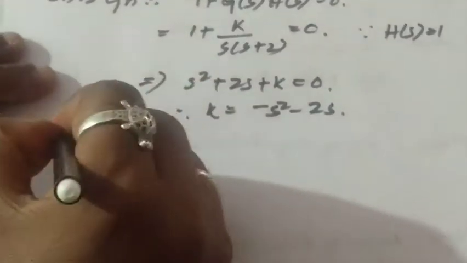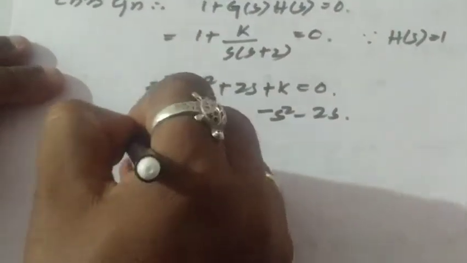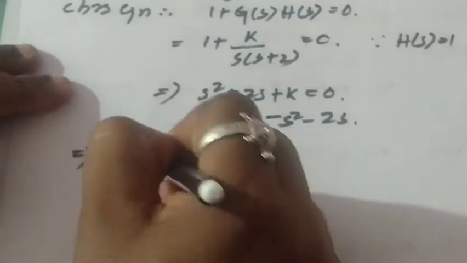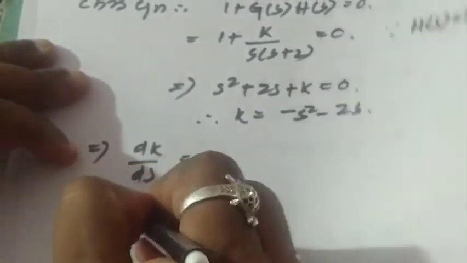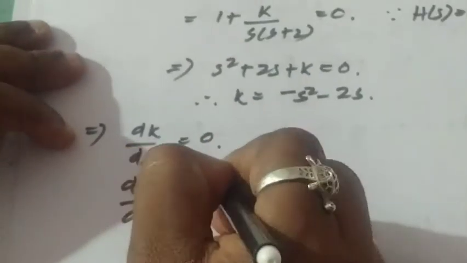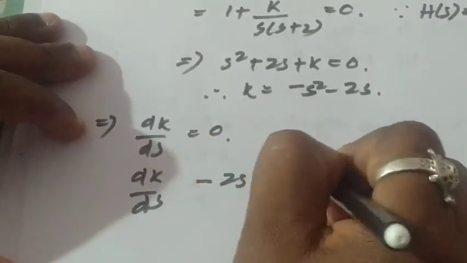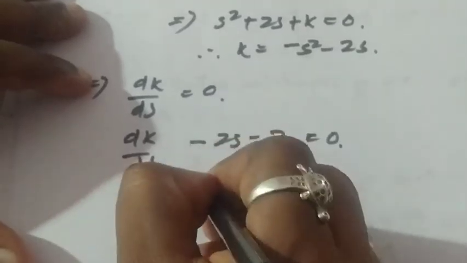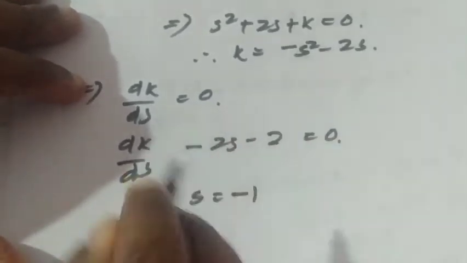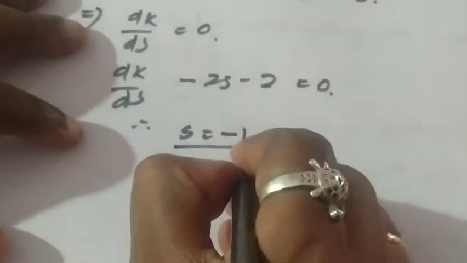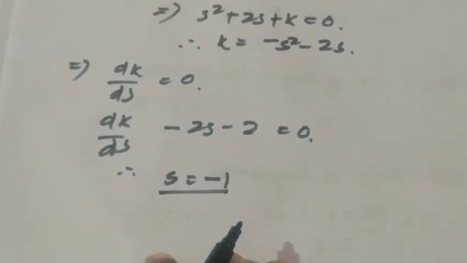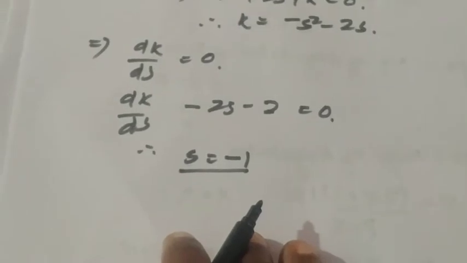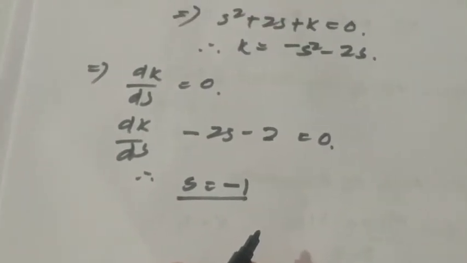Now calculate dK by ds equal to 0: minus 2s minus 2 is equal to 0. Therefore s is equal to minus 1. Minus 1 is the breakaway point, and the centroid of the asymptotes is also minus 1.